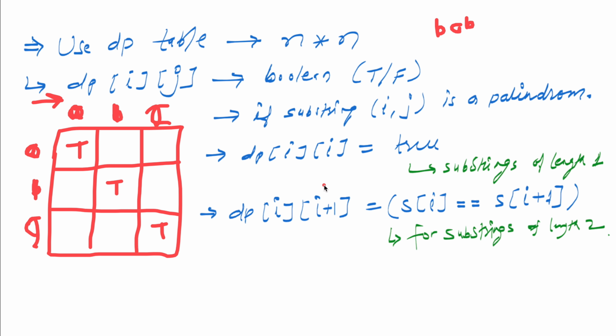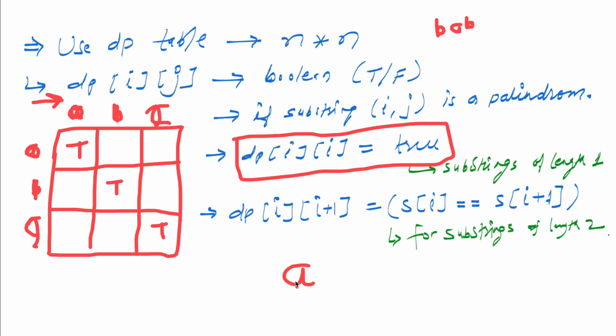Because for each character, the substring of length 1 is true. A single character, the substring of length 1, is A, B or C. So each character we mark as true.